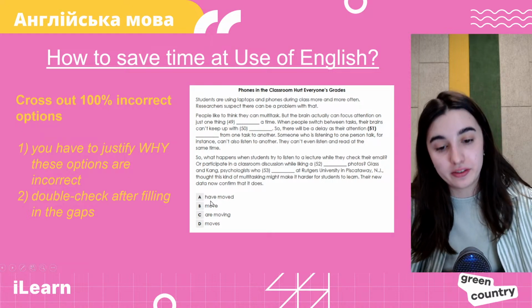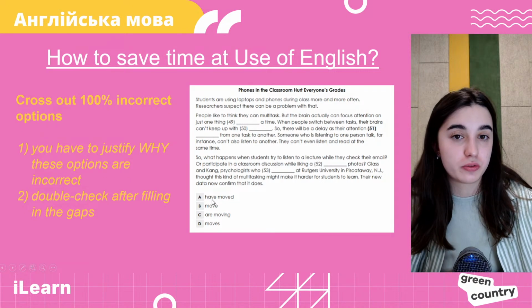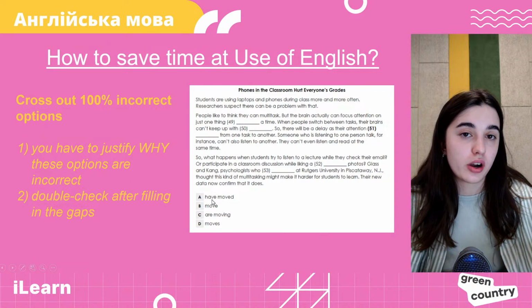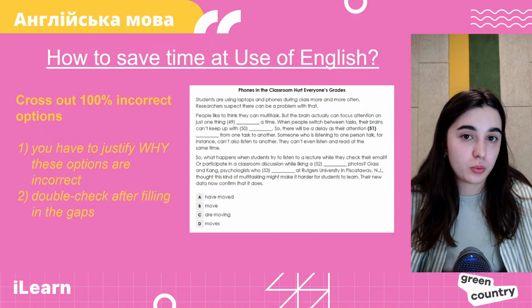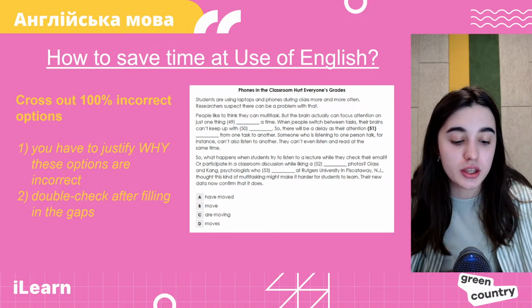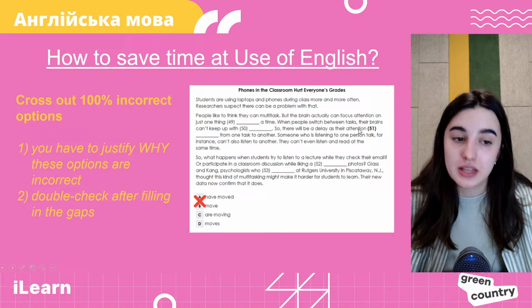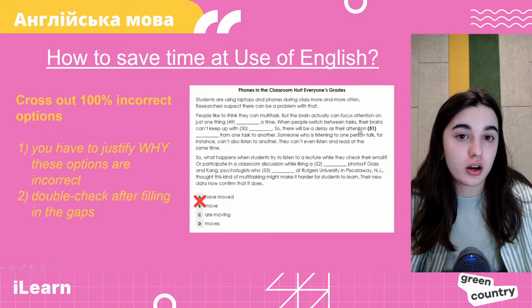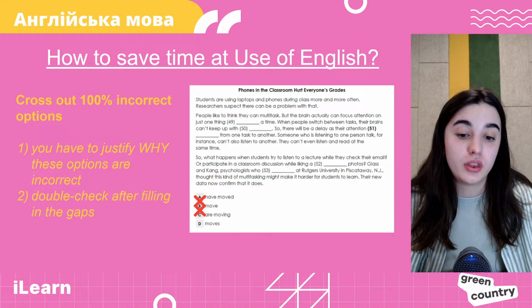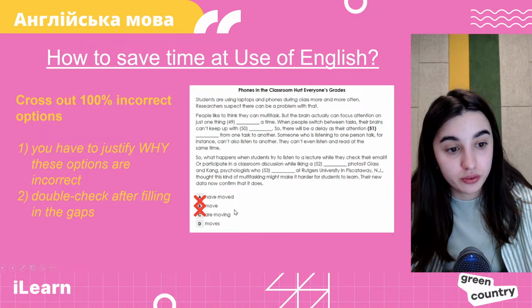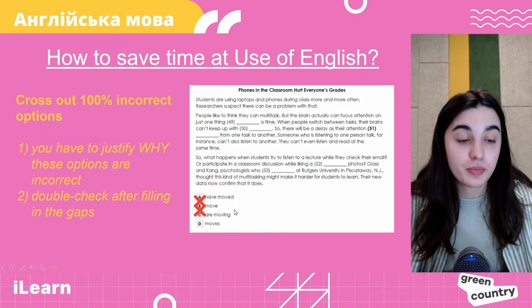Attention, have moved. At "have" we use only for plural verbs or such words as you, we, they. So it's not correct. "Move", the same, is used for we, you, they. Not correct. "Are moving", the same as we have.